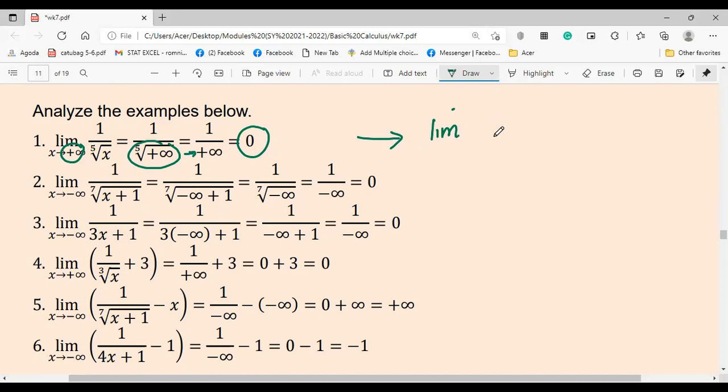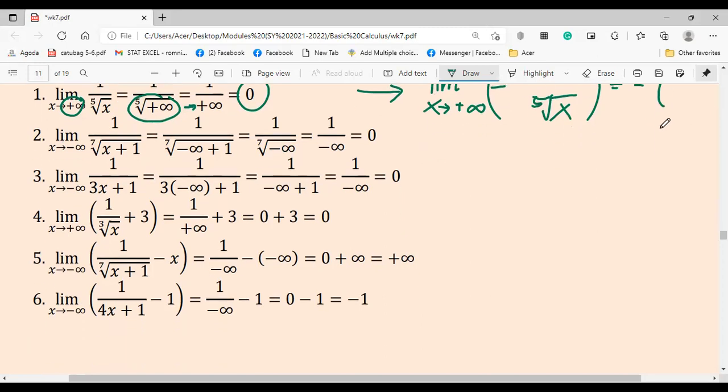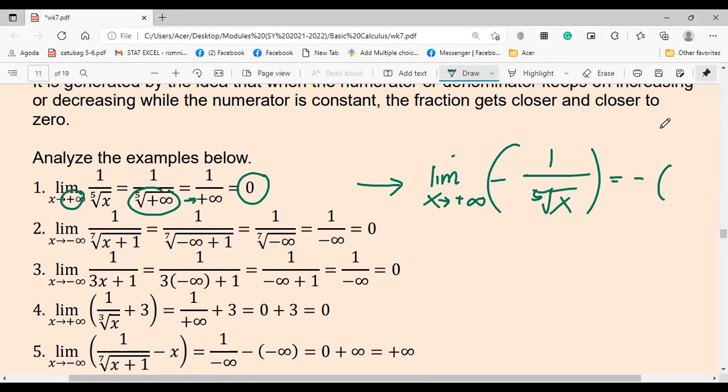Let's say, for example, you have negative of 1 over fifth root of x, as x approaches positive infinity. Meaning to say, this will become negative of 1 over positive infinity. There is no such thing as negative 0. So this is 0.